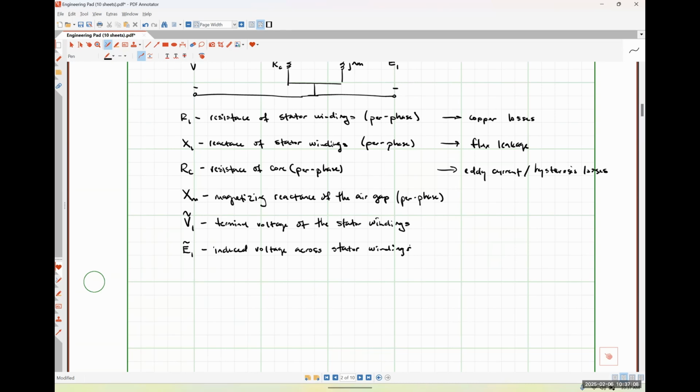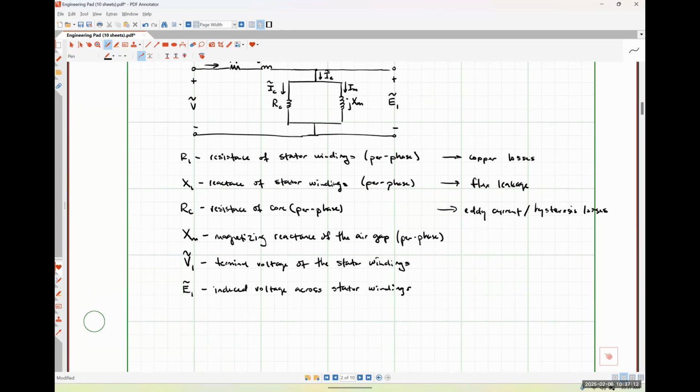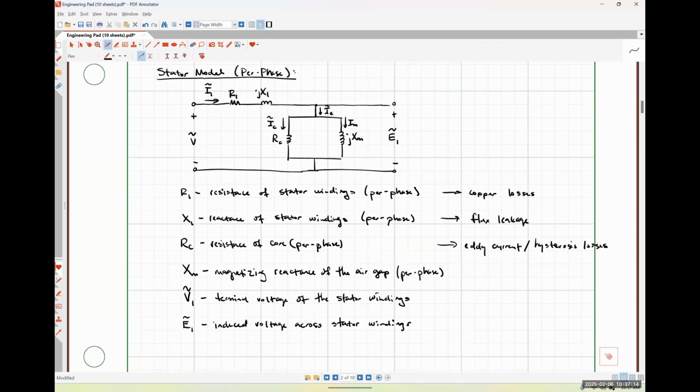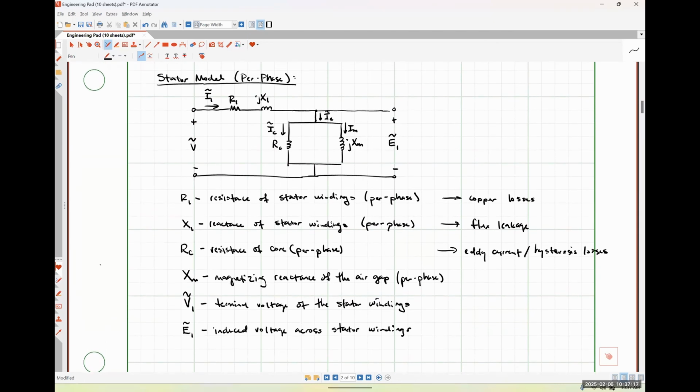So this is effectively the voltage that we're going to see literally at those right-hand terminals, where we're taking into account all of our losses, which are going to cause some sort of internal voltage drop in our motor, okay?